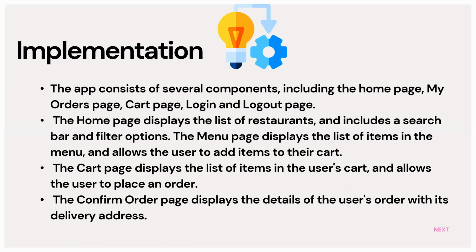The menu page displays the list of items in the menu and allows the user to add items to their cart. The cart page displays the list of items in the user's cart and allows the user to place an order. The confirm order page displays the details of the user's order with its delivery address.